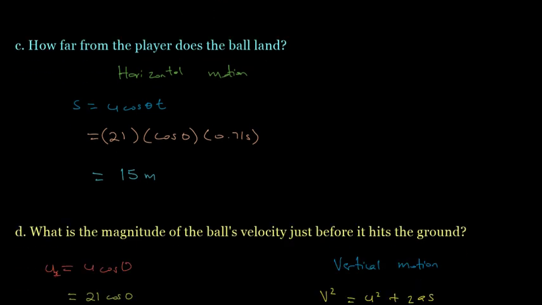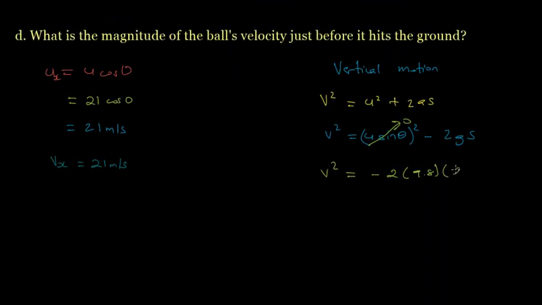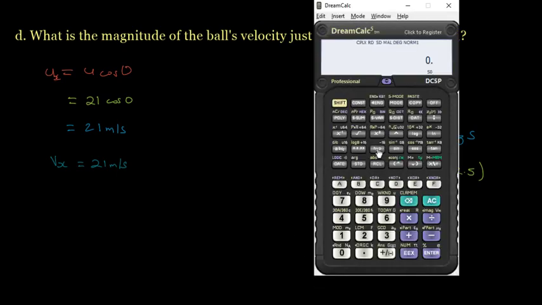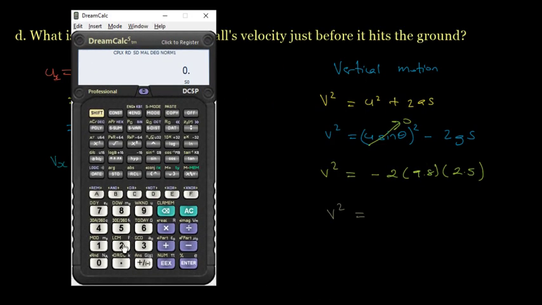So v squared is equal to minus 2 times 9.8 times 2.5, which gives us minus 49.